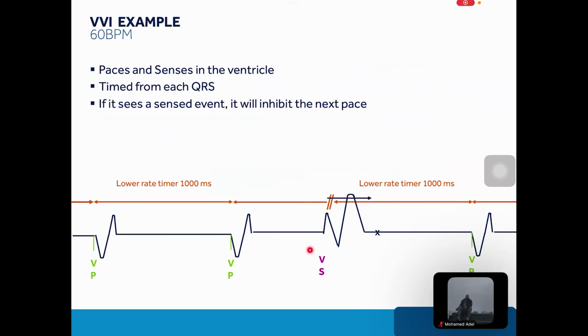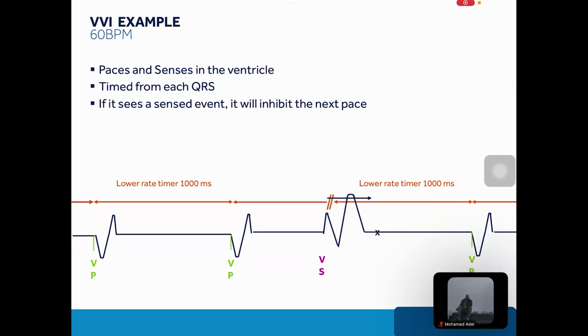What will the pacemaker do? It is expected to pace here, but it does not pace. This is inhibition due to sensing. It will not pace, and it will create a lower rate timer again and pace after 1000 milliseconds.